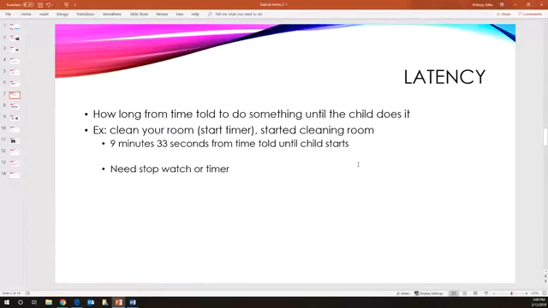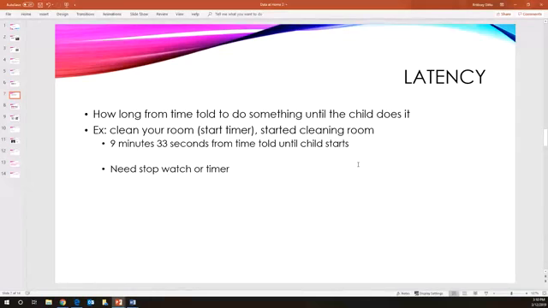You can also use a timer to track what's called latency. Latency is how long something takes from the time they see or are told to do something until they actually perform the task. Or how long it takes them, say the bell rings, and how long it takes them to get from the door in the classroom to their seat, something of that nature.